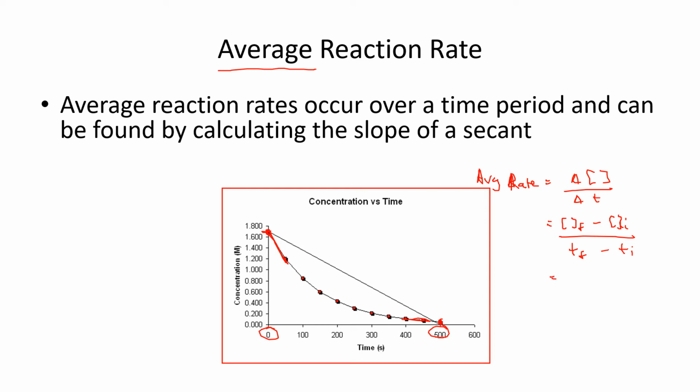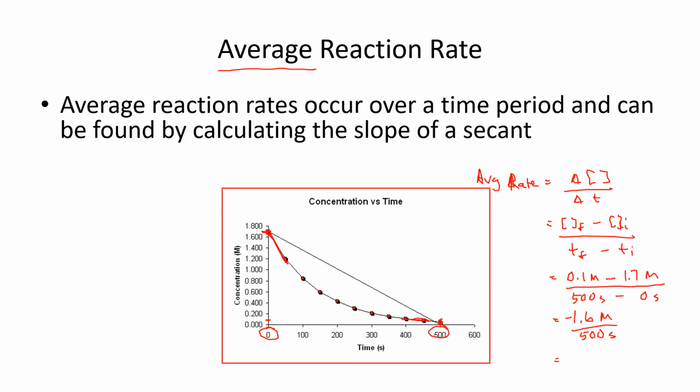And so the final concentration is down here, it's around 0.1 moles per liter, and the initial concentration is up here, it's like 1.7 moles per liter, and the final time is the 500 seconds. Initial time was 0 seconds, so we end up with negative 1.6 moles per liter all over 500 seconds.